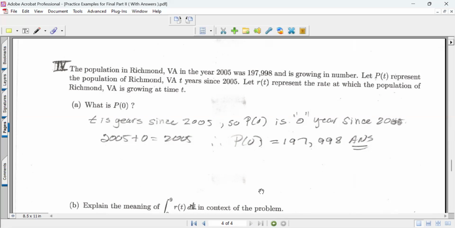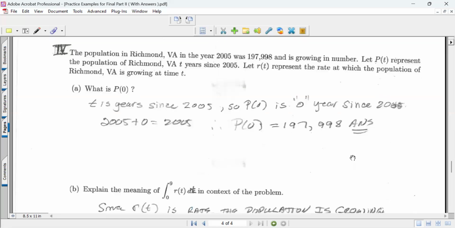They ask us here, what is p of 0? Well, p of 0 means no years have elapsed, so p of 0 is 2005. You've grown none, so it's going to be what it said it was in 2005, or 197,998.